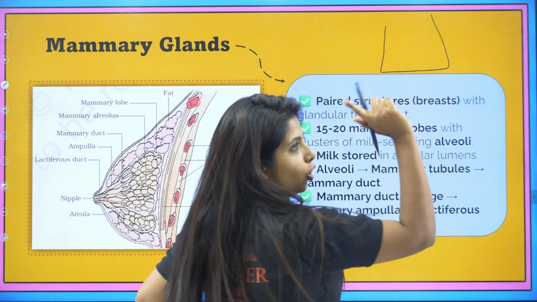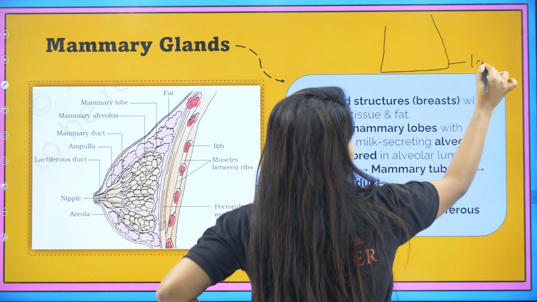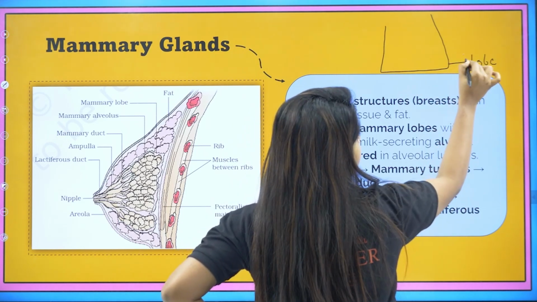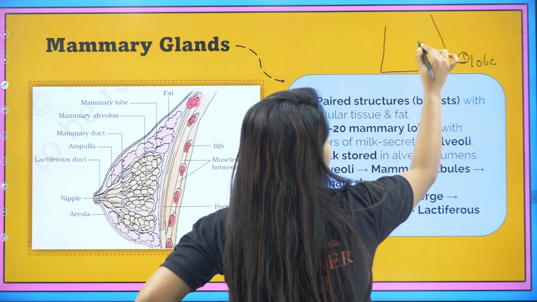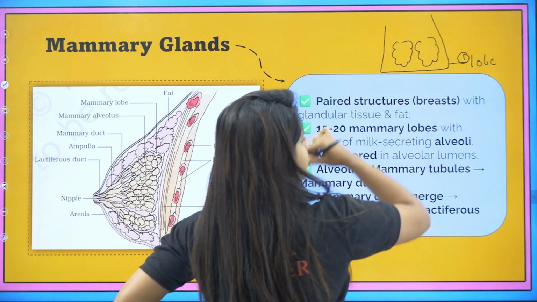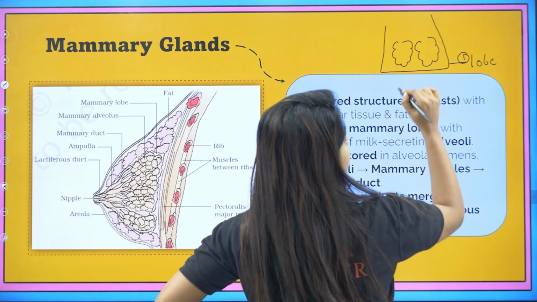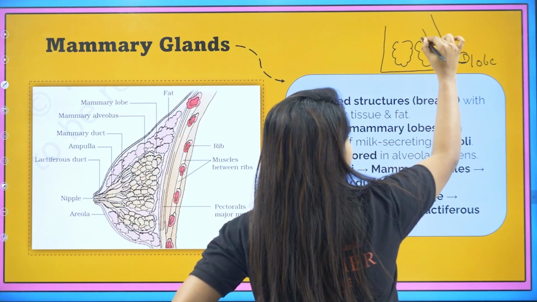So this is just one lobe, and inside this one mammary lobe, what would you have? You would have mammary alveoli.